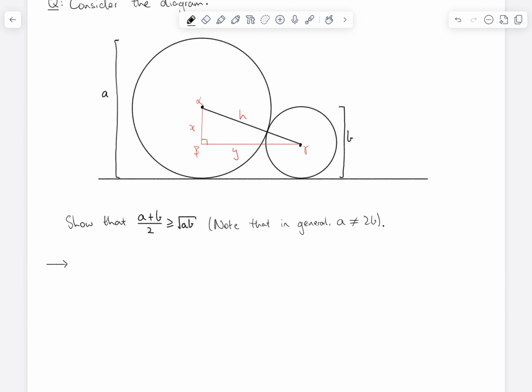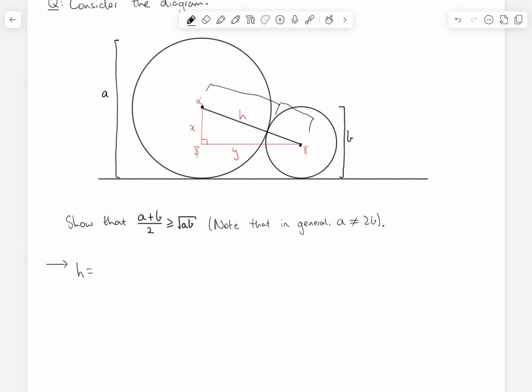So straight away, I could find an expression for h. So h is this distance plus this distance, and the first distance is just the radius of the larger circle.